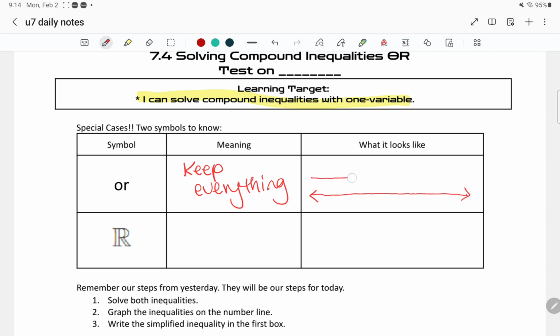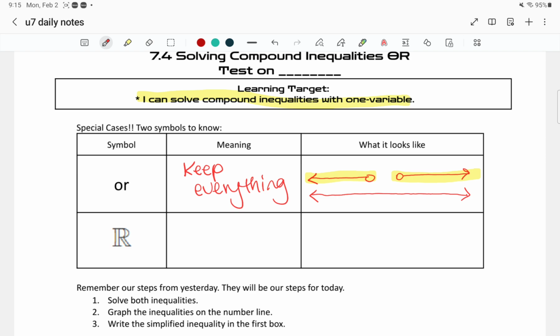So what this looks like is I can have one, and then I can have the next one. And even though they don't overlap, I can keep it all. So let's highlight it all because I'm going to keep it all, no matter what. One or the other, it's all there. So if I can keep everything, then I have the possibility of everything being my answer.